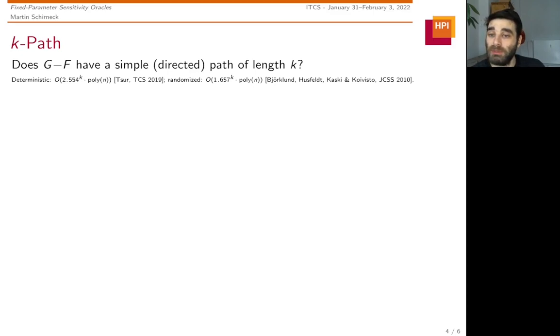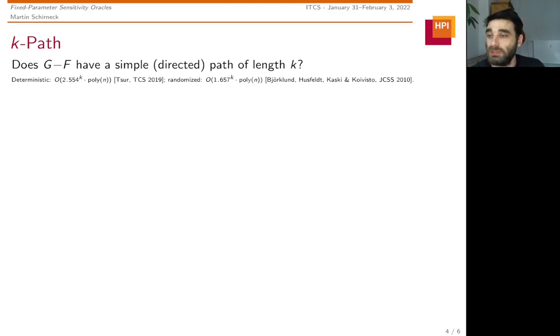This problem is essentially a prototype for all kinds of parameterized path problems, because classically in sensitivity oracles you discuss distances or shortest paths. So a lot of techniques are already developed to preserve paths under edge failures.